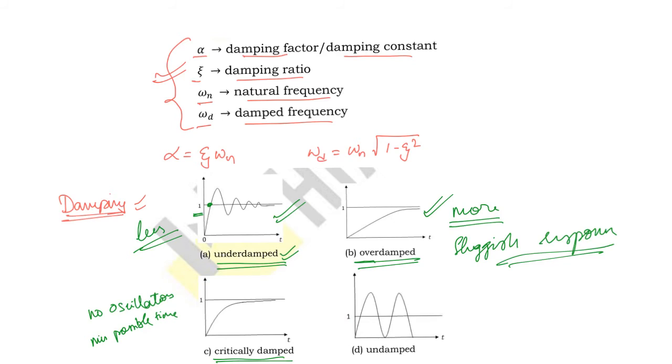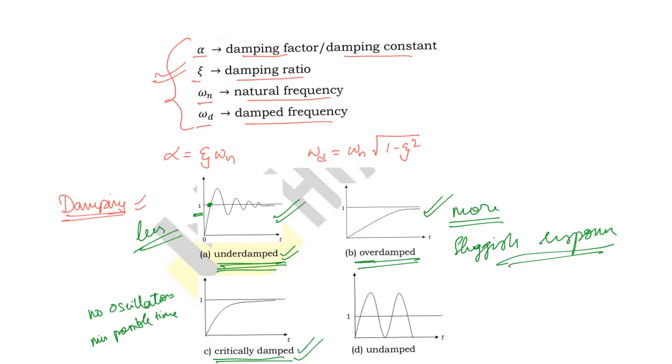Basically, if you take an underdamped system and slowly increase the damping, the oscillations will keep on reducing. Right at the point when the oscillations become zero, that is when you get the critically damped system.